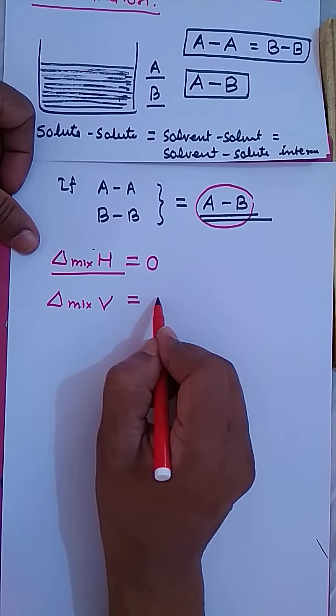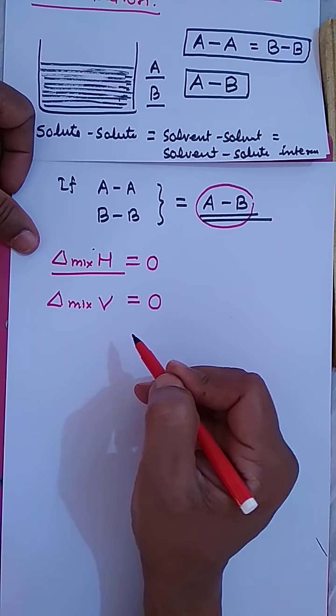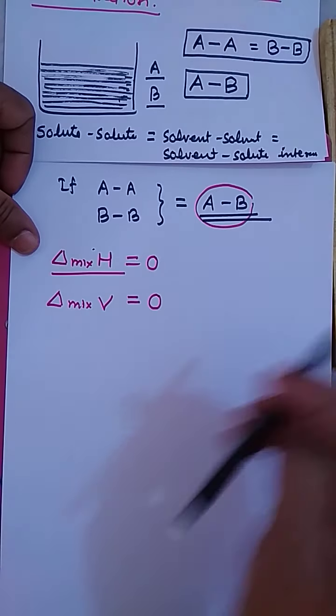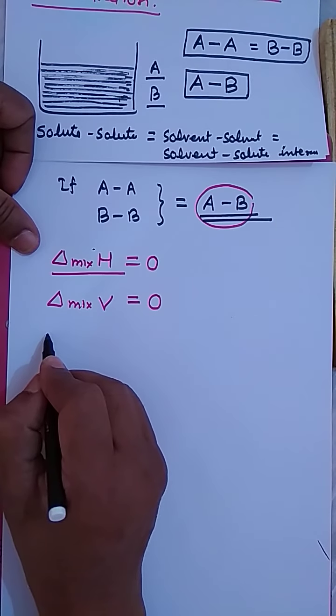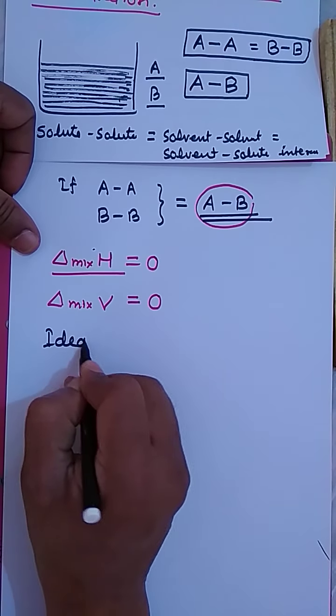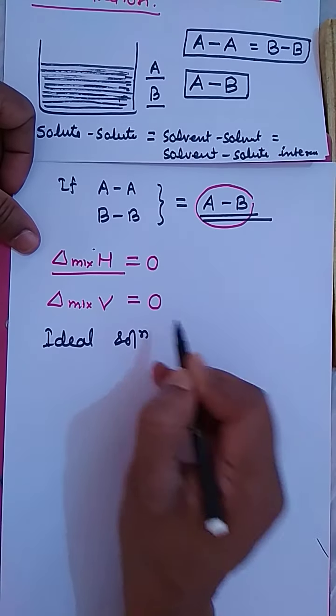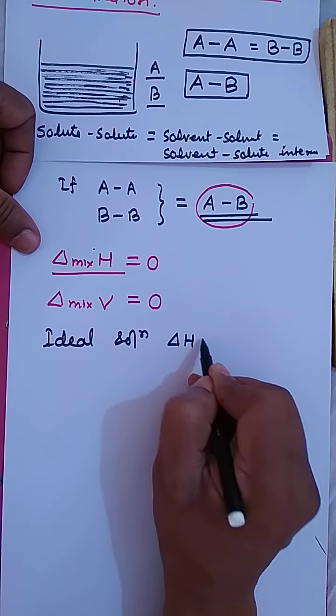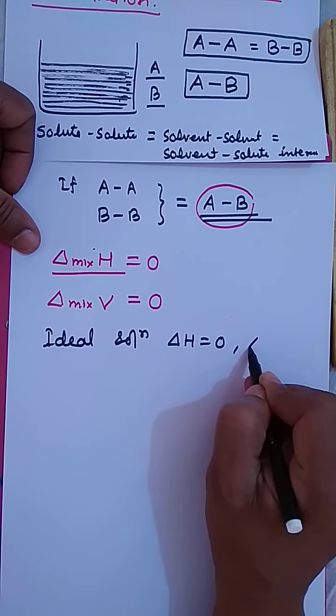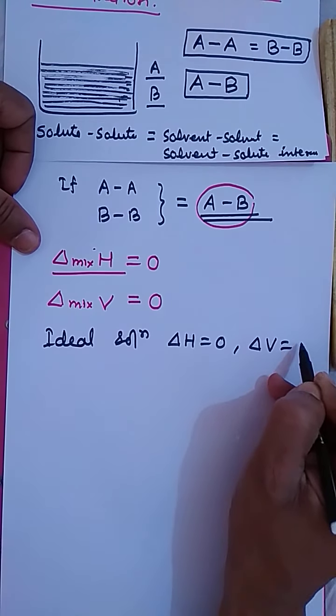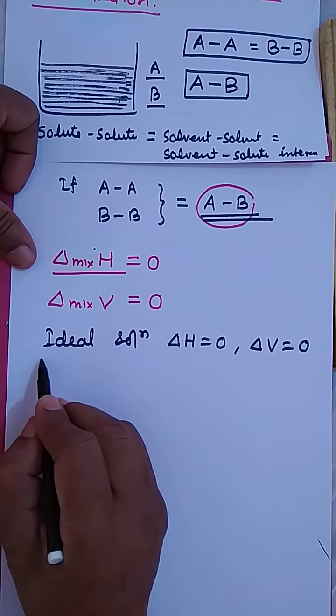So delta V is also 0, right? So you can define in ideal solution delta H is equal to 0 and delta V is also equal to 0, right?